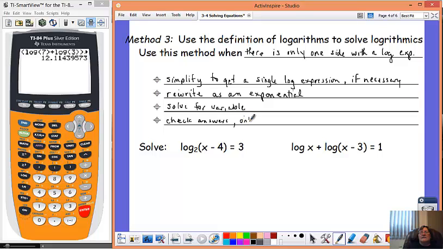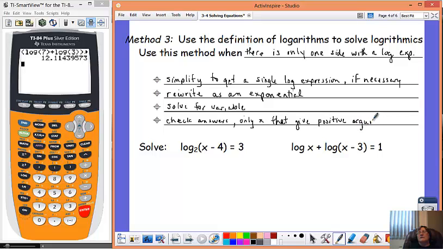Only x's that give positive arguments are allowed. So if you come up with numbers that will make, say, the argument in a logarithmic expression equal to something less than 0, that's not going to be okay. Check answers. Only x that give positive arguments are allowed.